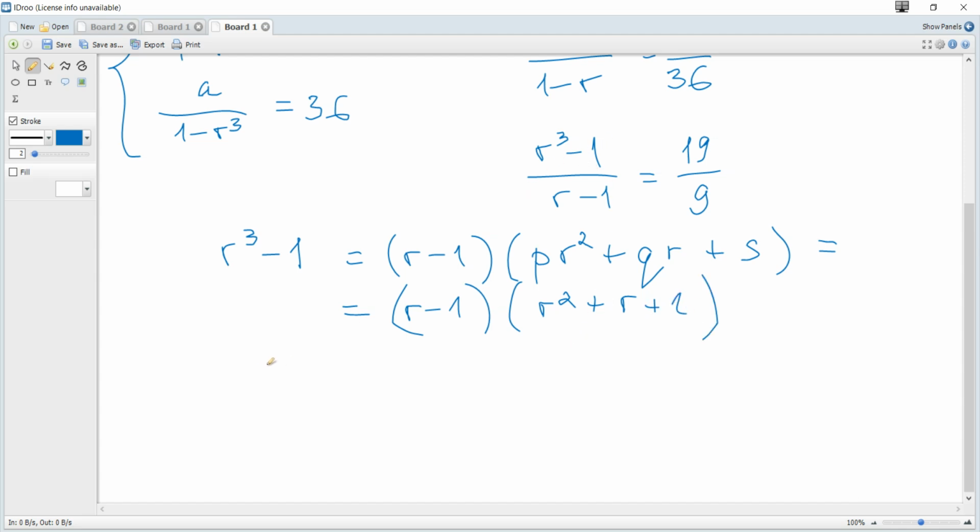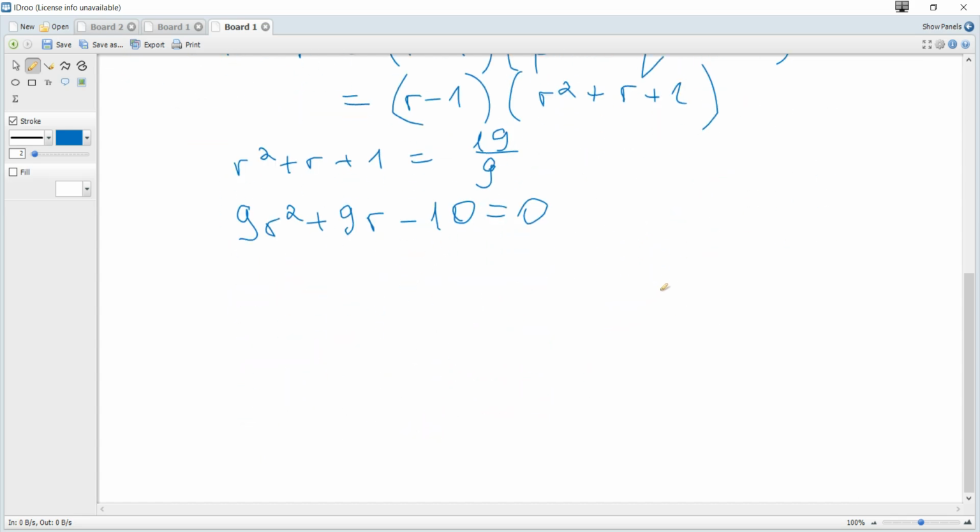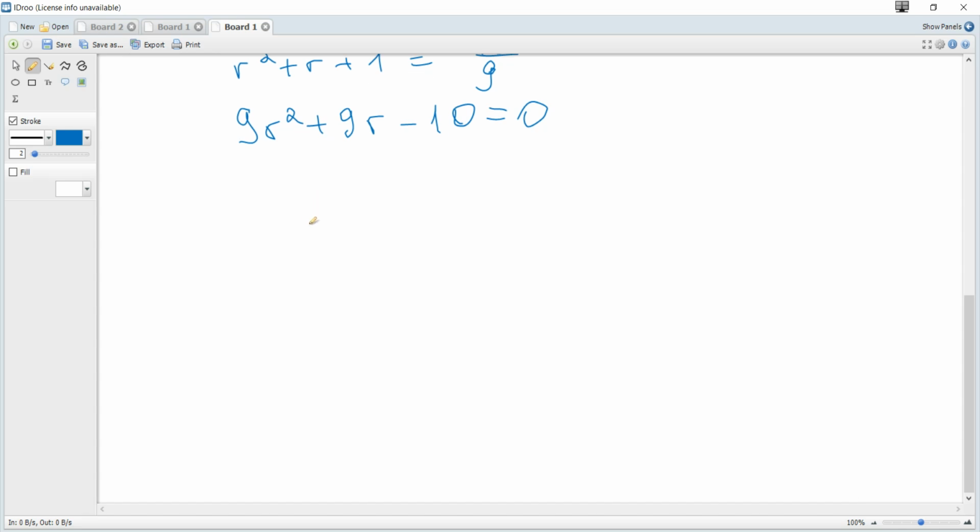Hence, this becomes r squared plus r plus 1 is 19 over 9. Multiplying by 9, we get 9r squared plus 9r plus 9 minus 19, so minus 10, is 0. Using discriminant, b squared minus 4ac.